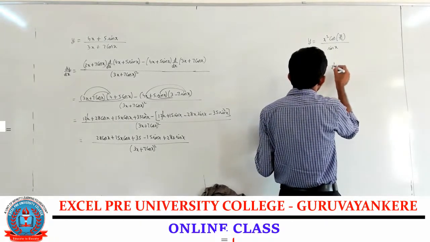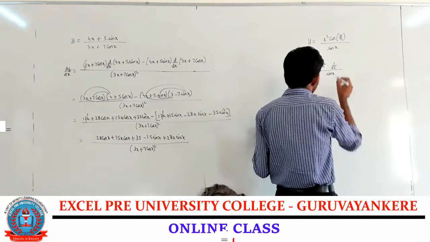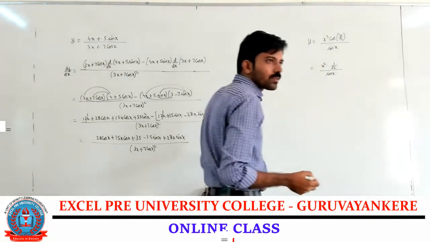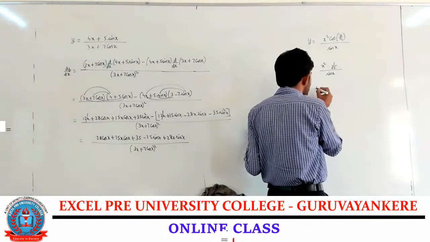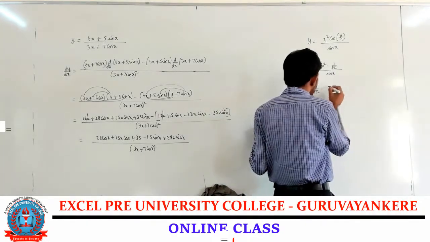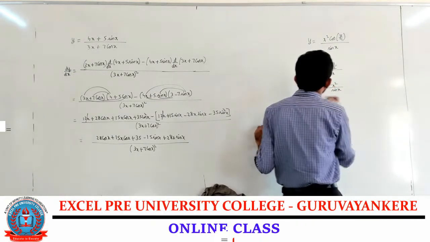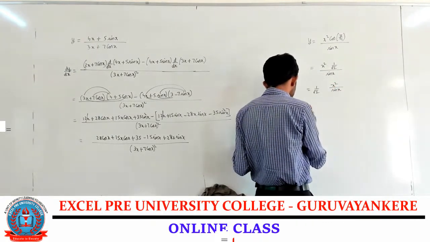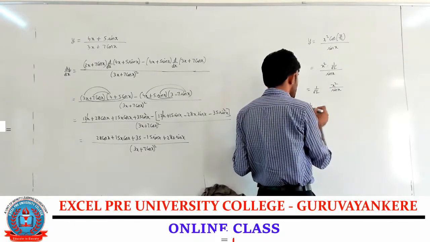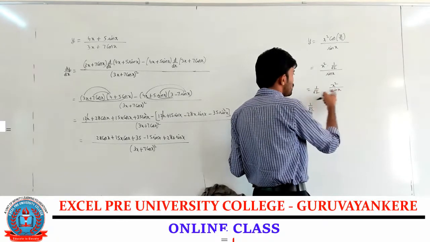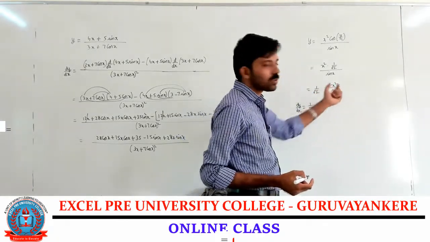Cos pi by 4 is 1 by root 2 divided by sin x. 1 by root 2 keep outside, 1 by root 2 is constant. x square divided by sin x, quotient rule applied. The constant, keep as this. For this, apply the quotient rule.